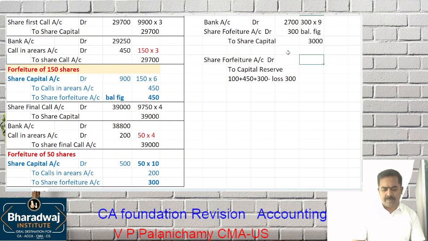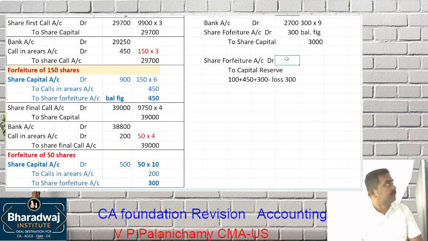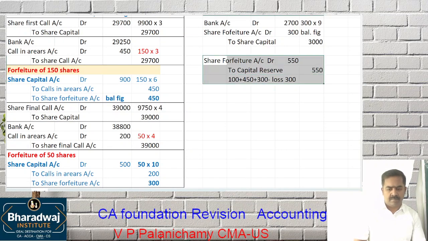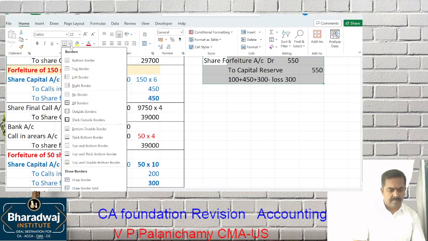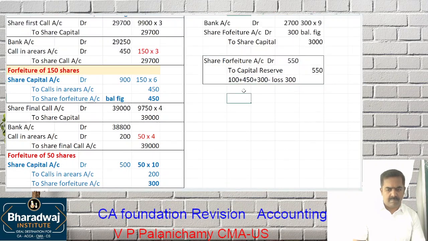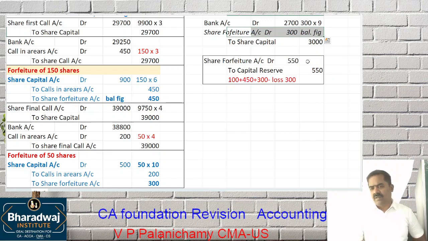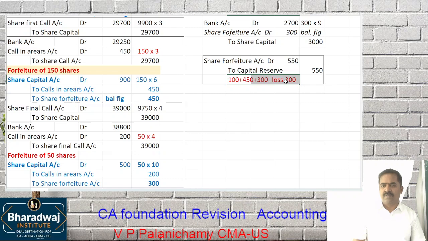What is the net amount to be transferred to capital reserve? That doesn't matter. Loss will be, all the shares are reissued. Let us take all the forfeiture account minus loss. That's all.